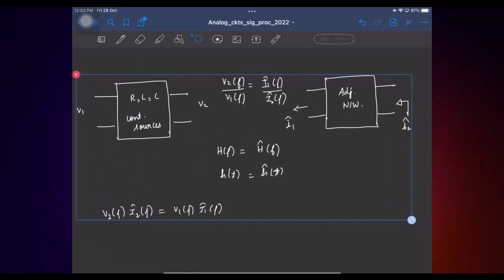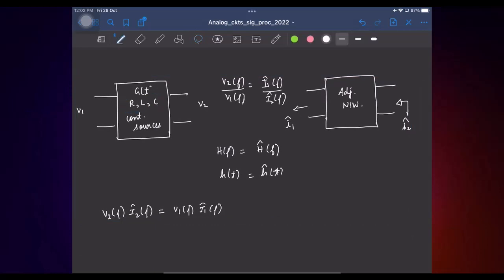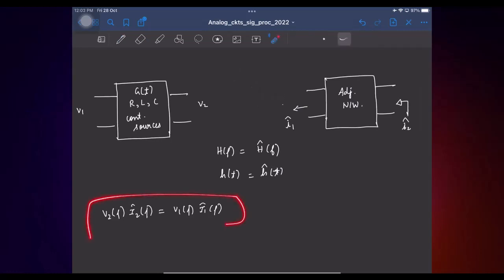We also did this with LPTV. Here we had RLC and periodically varying conductance or gain. Again you form the adjoint network. What is the relation you get in the product form? How did we apply Tellegen's theorem here, at two different times?